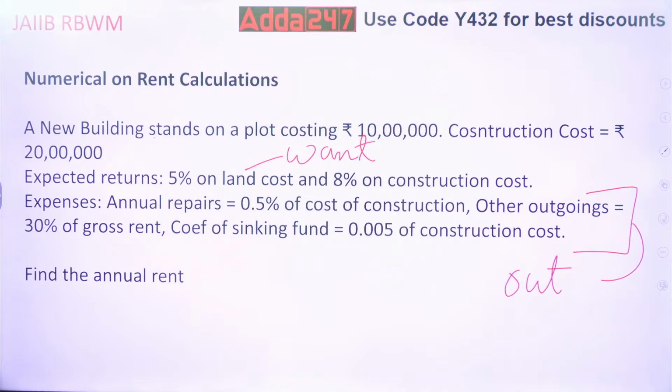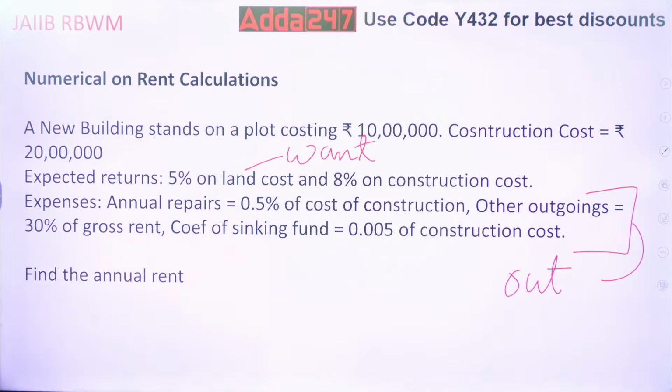Let me see the questions as well as the answers from your side. What are my expected returns? I'll give you at the end, but first you give me. What is my expected return?